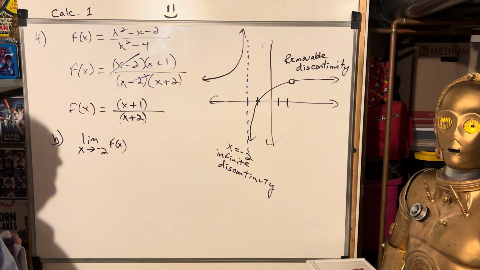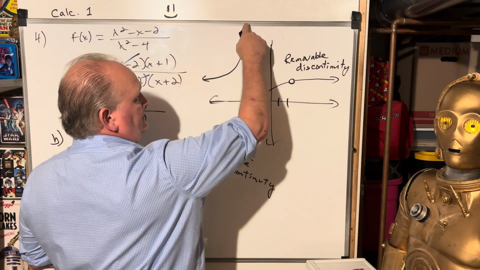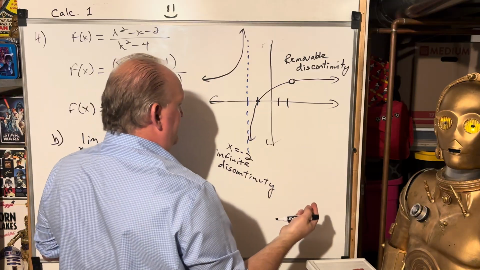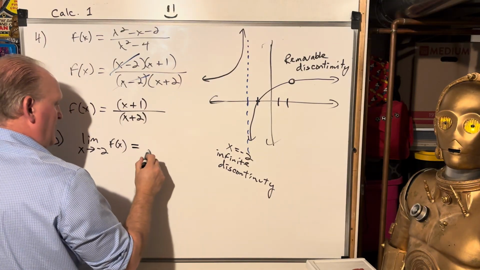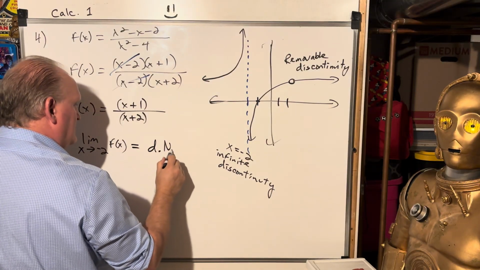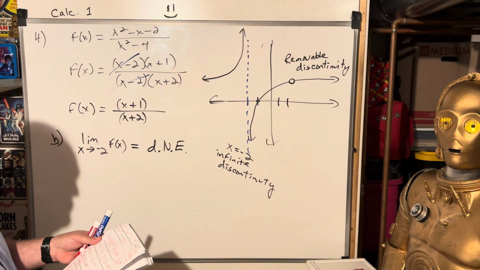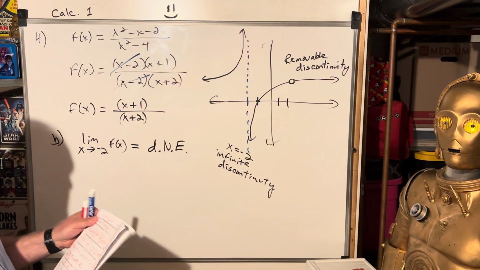Okay, well, this way it's going to positive infinity. This way it's going to negative infinity. So they don't match. That does not exist. Now again, if you wanted to do that algebraically, we could take a look at that.